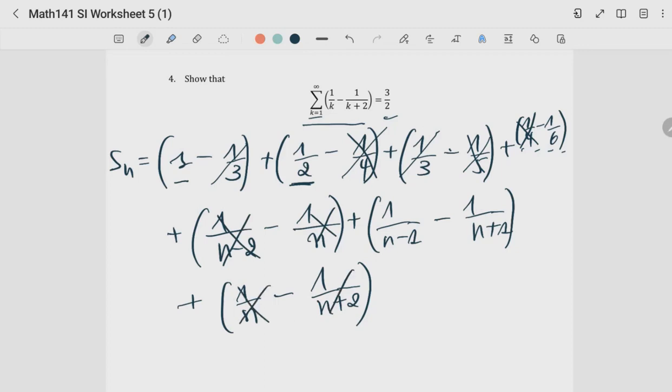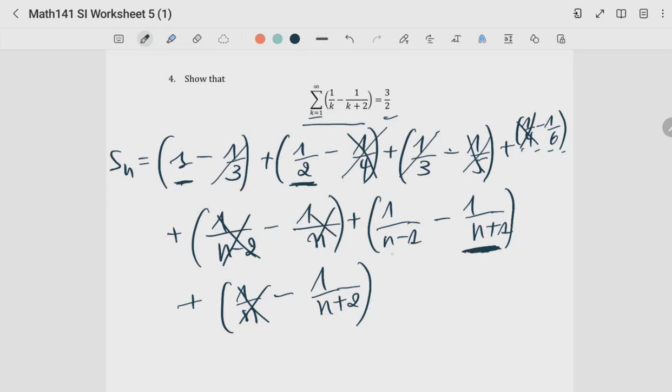And the only terms that will remain will be 1 first here, 1 over 2, 1 over n plus 1.